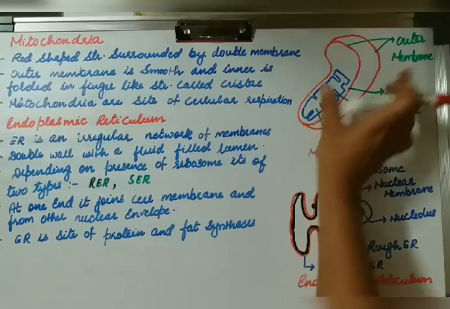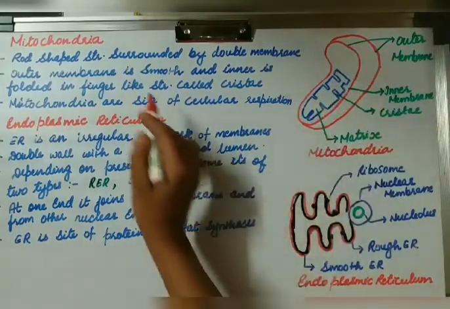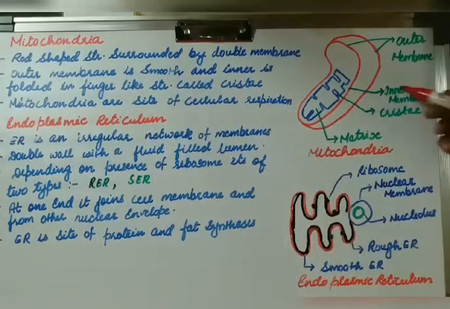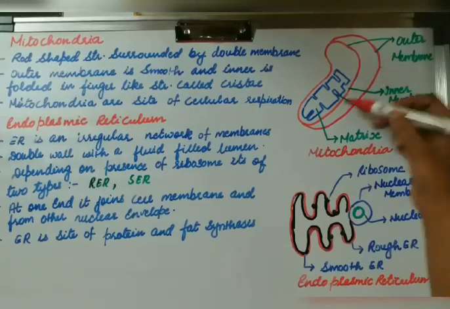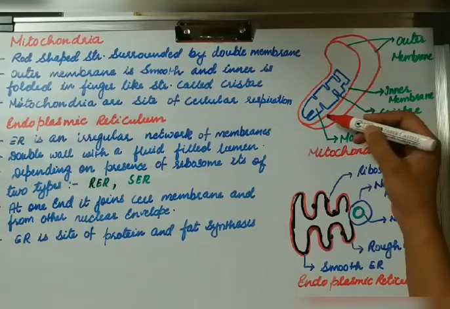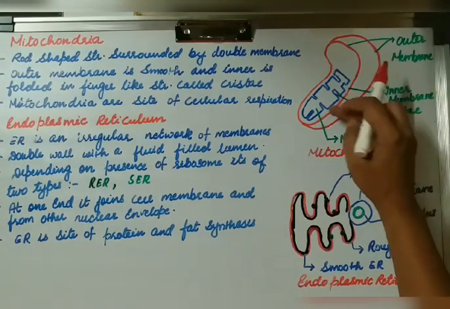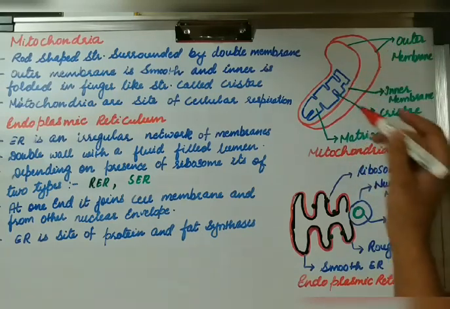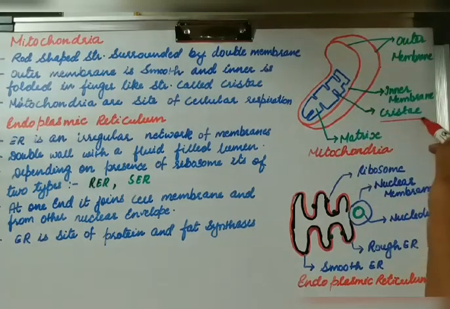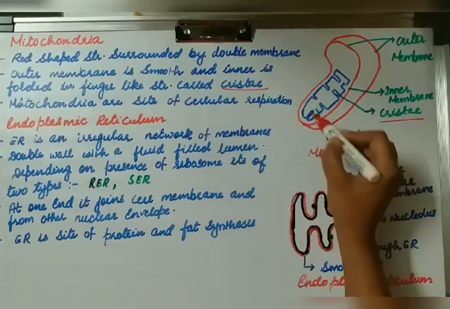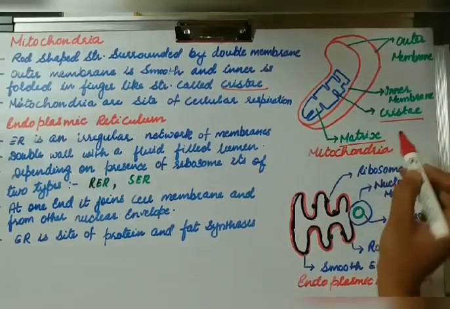It is a rod-like structure. The outer membrane is smooth, whereas the inner membrane has finger-like projections. These finger-like projections are known as your cristae, and inside of this is your matrix.